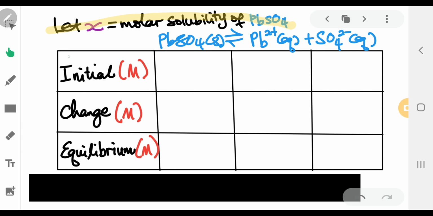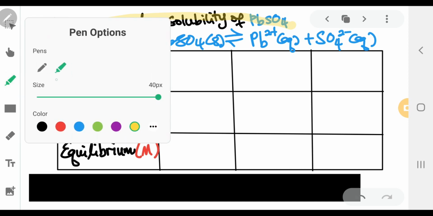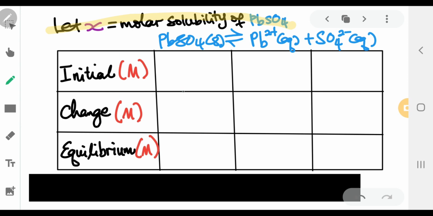Okay. So when you look at your balanced equilibrium equation, we can see that lead sulfate is in solid form. We will be able to ignore that because of the concept that we have learned about the ICE table and equilibrium constant: solids and liquids will not be part of the ICE table and also the equilibrium expression.